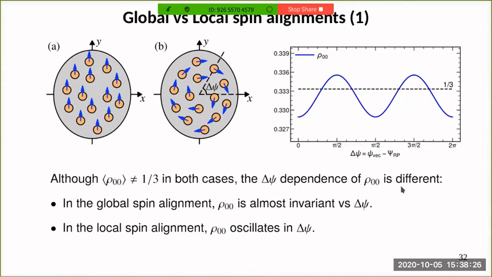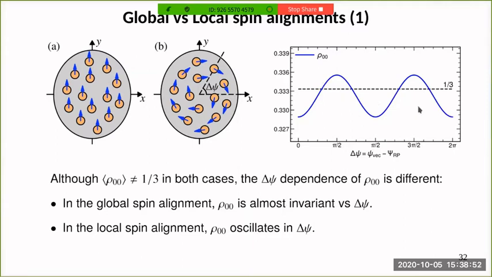In the global spin alignment scenario, because particles are globally polarized along the y direction, rho 0,0 is almost constant. However, in the local spin alignment, I have shown you that rho 0,0 will oscillate like this.